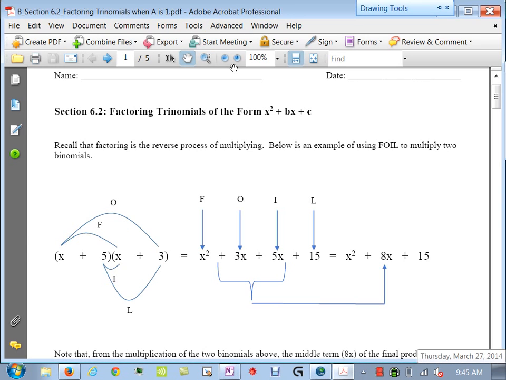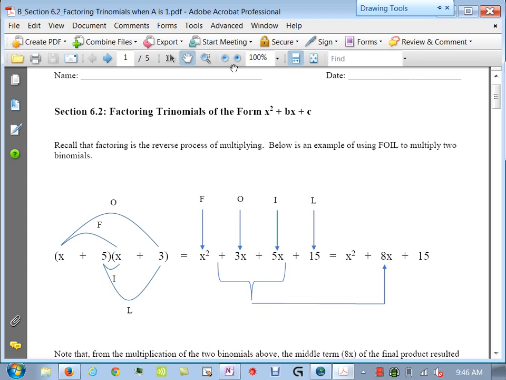Trinomials. Now, trinomial, we've already talked about. A trinomial is 3 terms, right? But we're looking at a specific type of trinomial right now. We'll look at another trinomial either later today or in the next class. The one we're looking at right now is a trinomial of the form x squared plus bx plus c. Now, x squared is our variable, and there's a 1 in front of that.